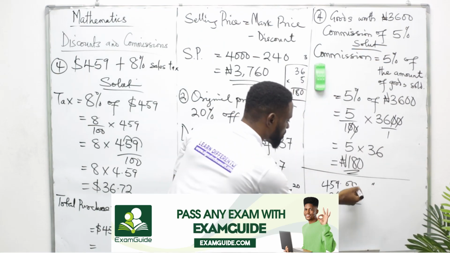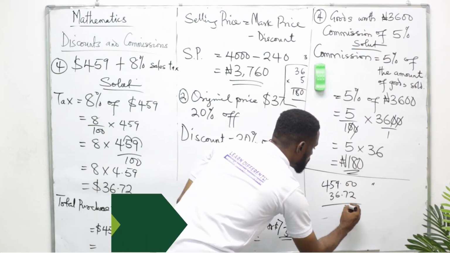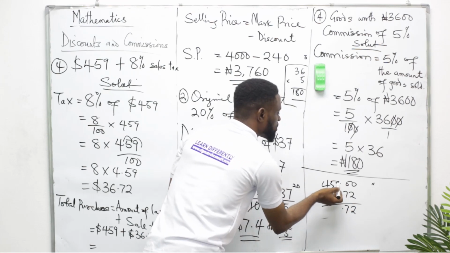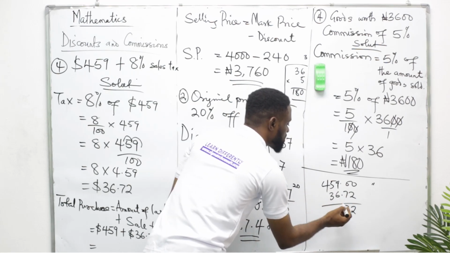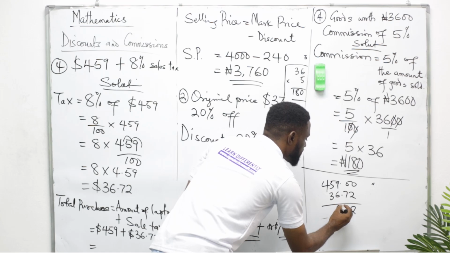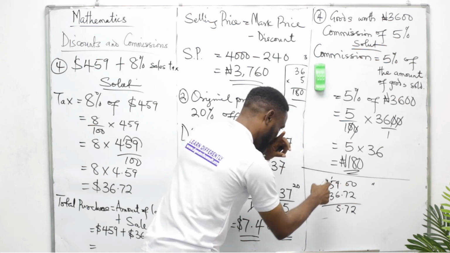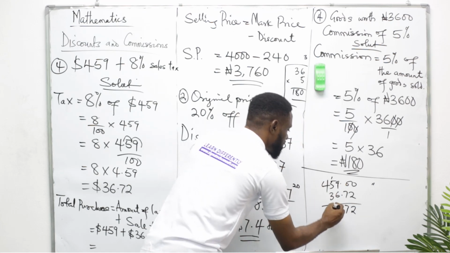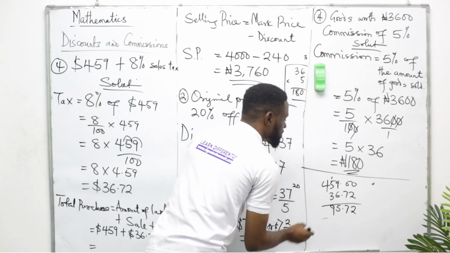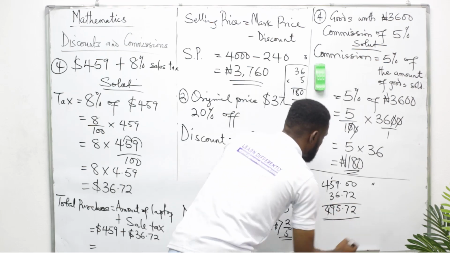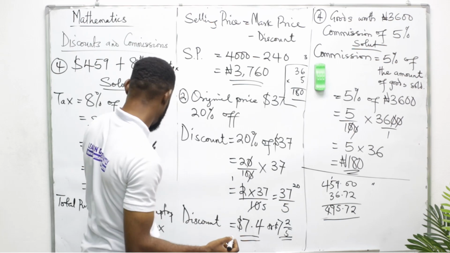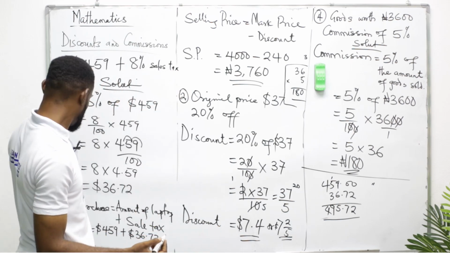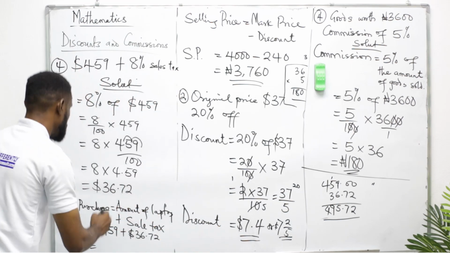So this will give us 9 plus 2 is 11, plus 6 is 15. 5 carry 1, put here. This becomes 1 plus 5 is 6, plus 3 is 9. 4 comes down. So this gives us $495.72.